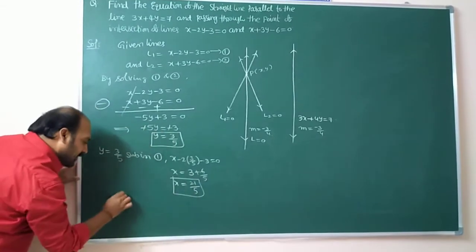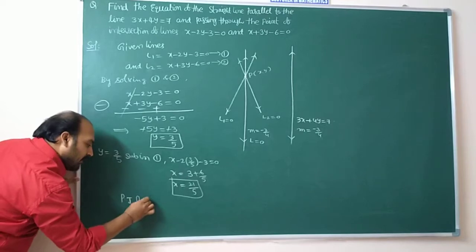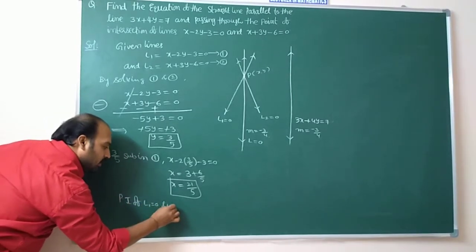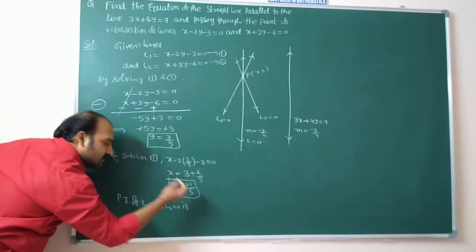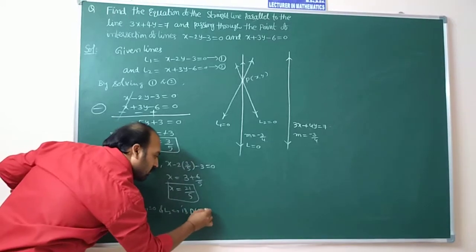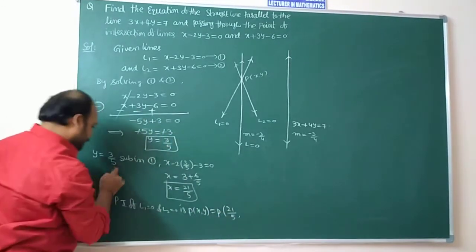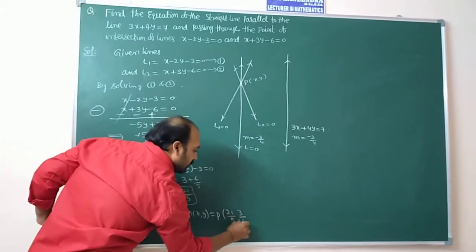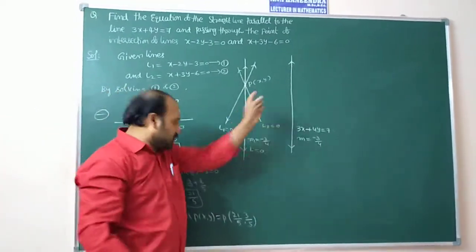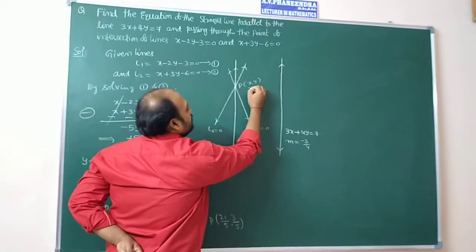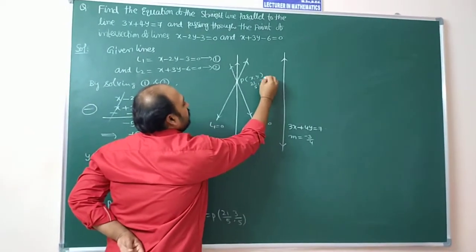So the point of intersection of L1 equal to 0 and L2 equal to 0 is P of x comma y, P of 21 by 5 comma 3 by 5. We got this point. This point is 21 by 5 comma 3 by 5.